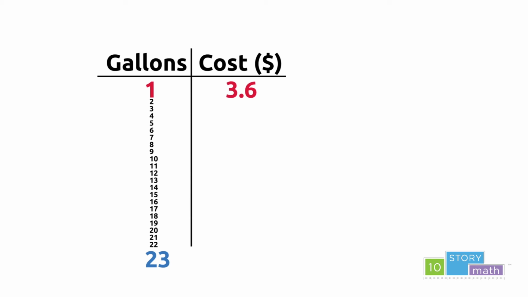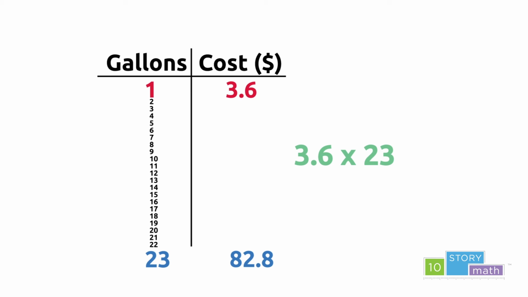And every time we count by ones on the gallon side, we're going to need to count by 3.6 on the cost side. That means we're going to have to count by 3.6 23 times. According to my calculator, that equals 82.8.